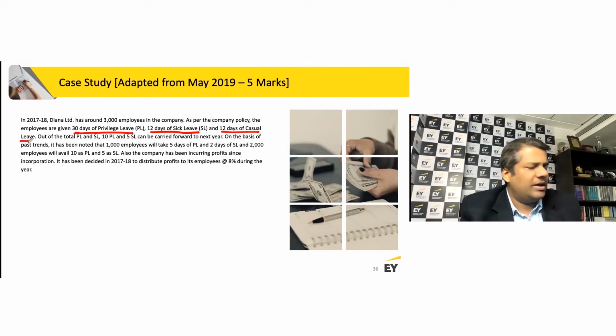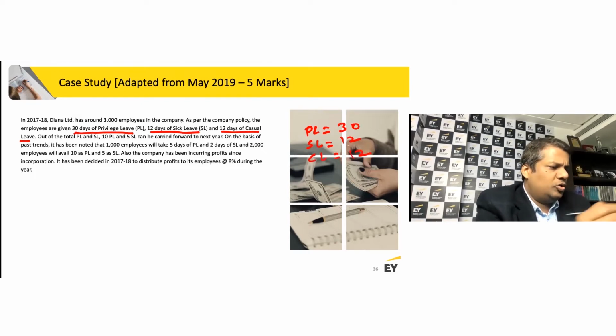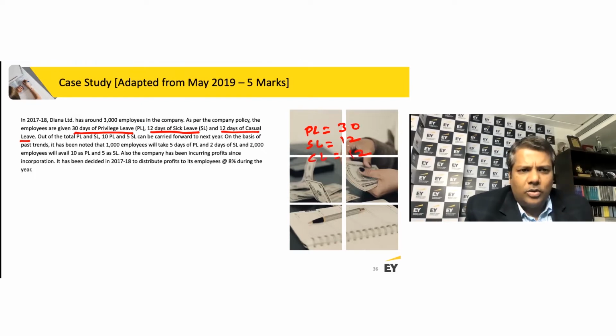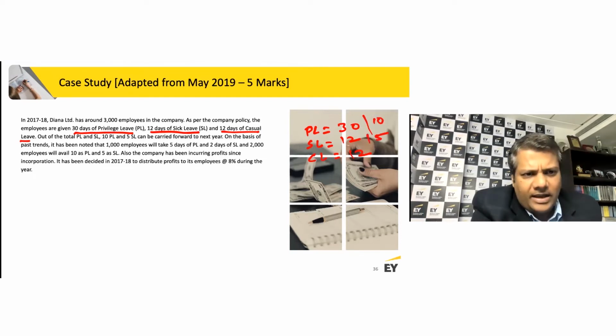So PL is 30, sick leave is 12, and casual leave is also 12. Now, out of the total PL and SL, 10 PL and 5 SL can be carried forward to next year.